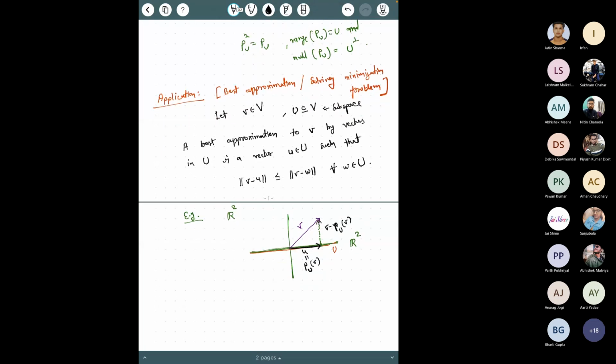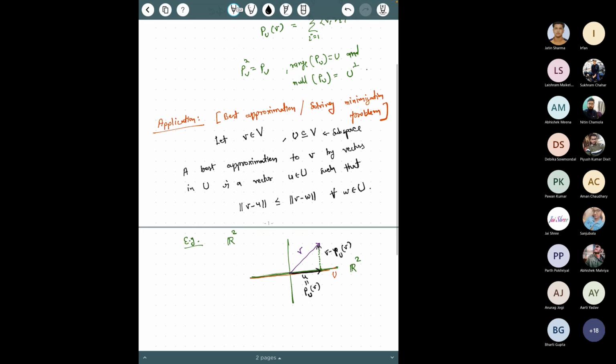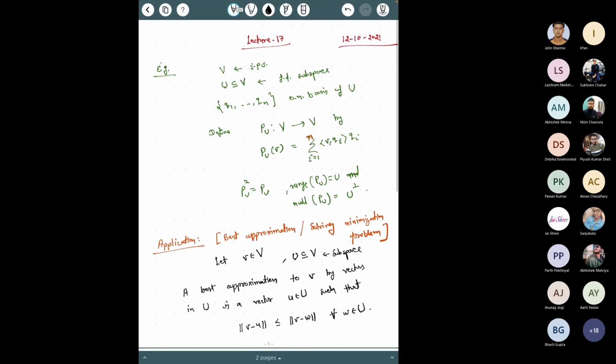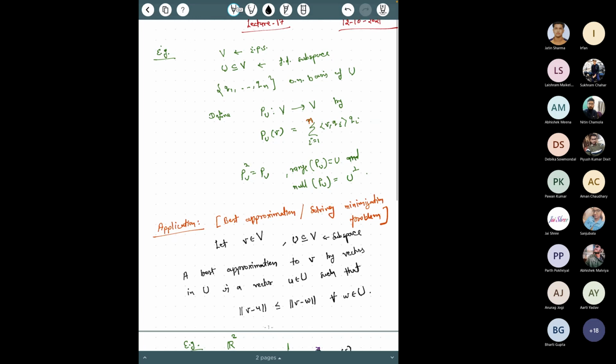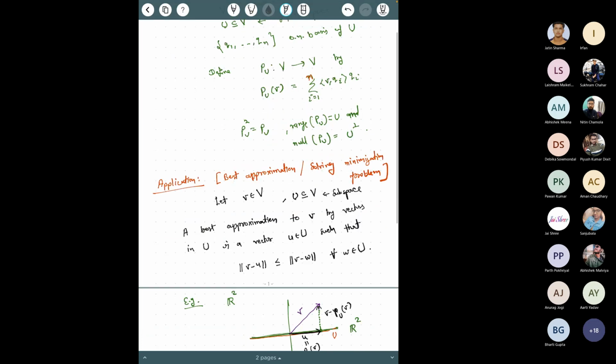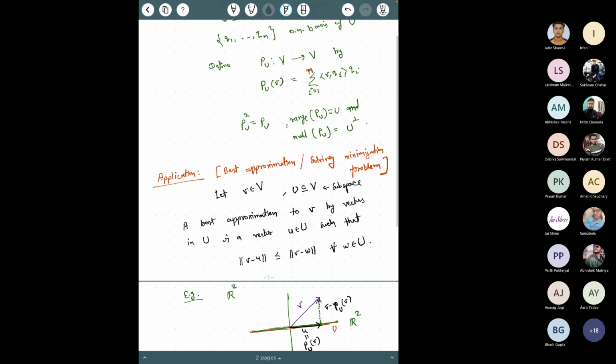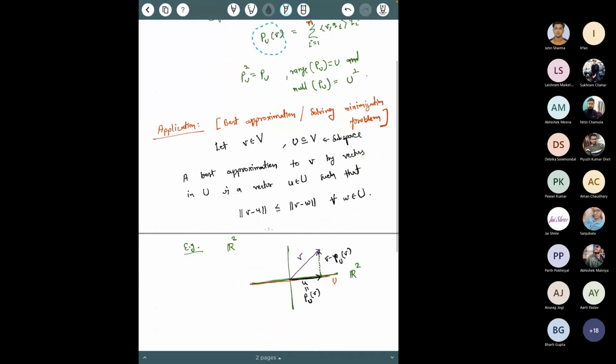If you look at this example, what do you need? You have a vector space V, which is R2 here. This U is the x-axis, so you just need an orthonormal basis for U. You can take e1 as the orthonormal basis of U, and then you can compute P_U V, which is just the inner product of V with e1, times e1.